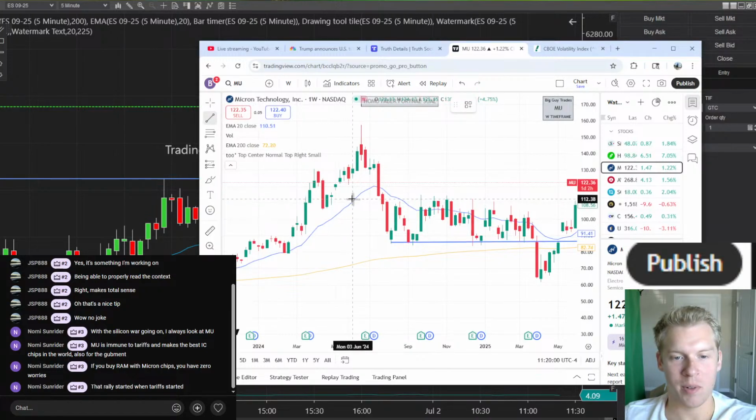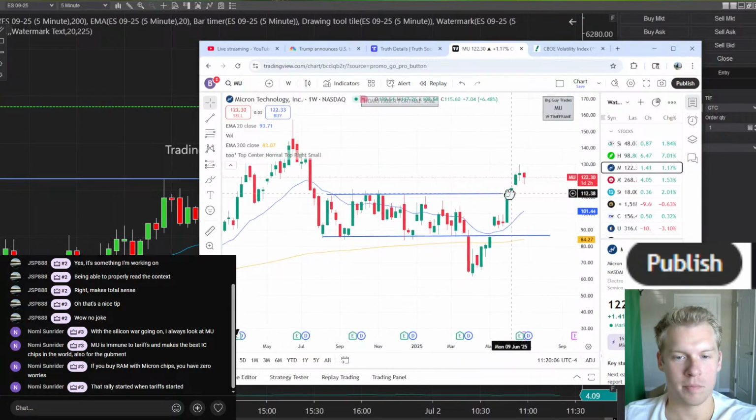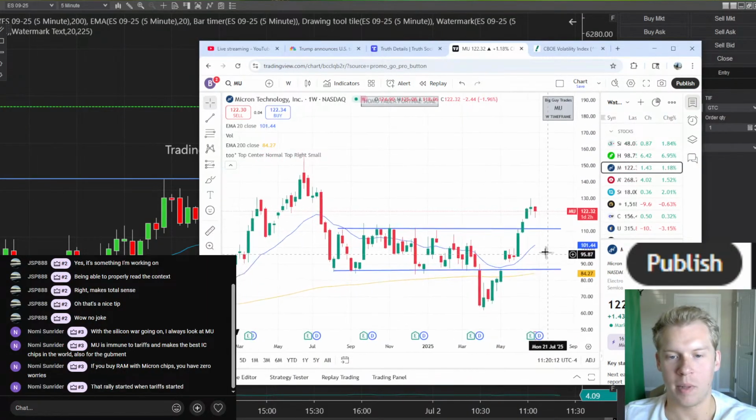The next level to look at is going to be the top of this range. I don't see anything wrong with buying here and trying to hold for preferably a longer time span, like a few months or a year or more.